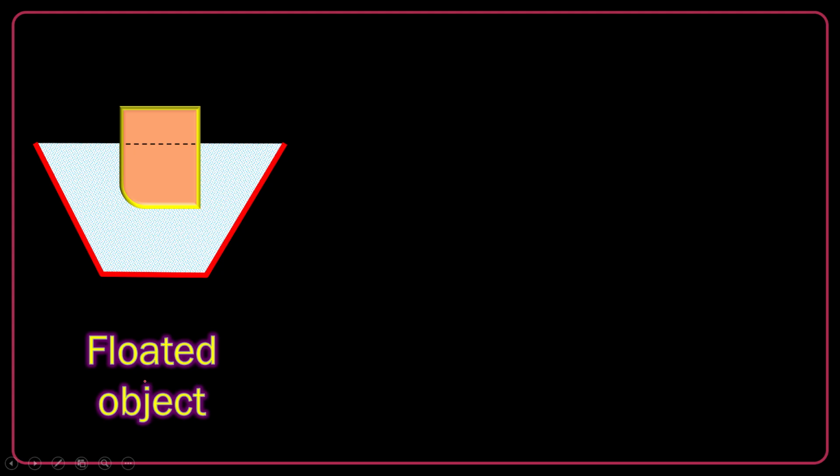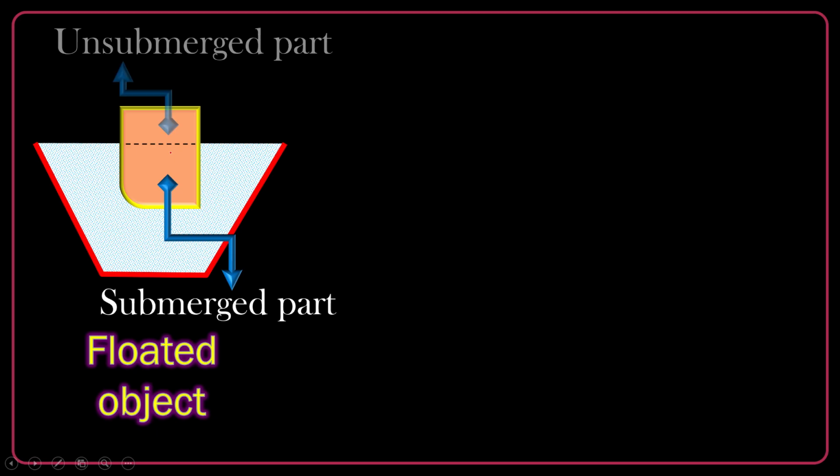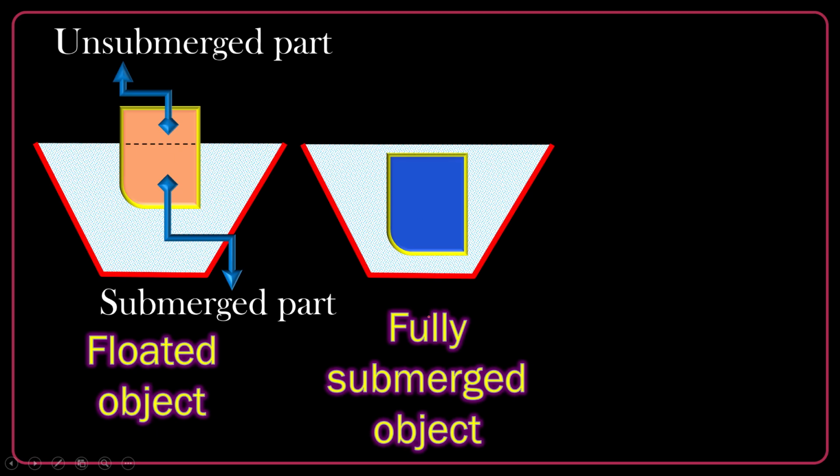First of all, the floated object, in which, as you see, the object is partially submerged and partially unsubmerged. The next is the fully submerged object like a submarine or maybe a fish, which is suspended in the liquid. Here also we have a buoyancy force equal to W, which can cancel the weight, but anyway, the object is heavy, so it can be suspended in the liquid.